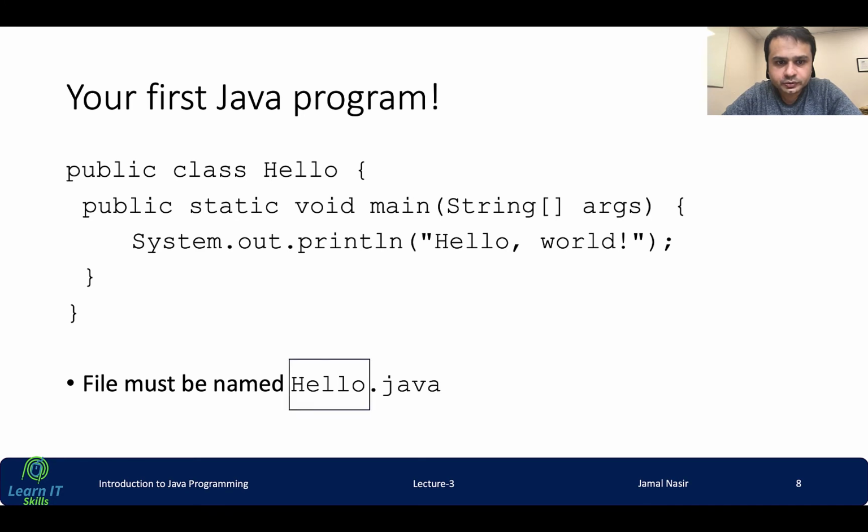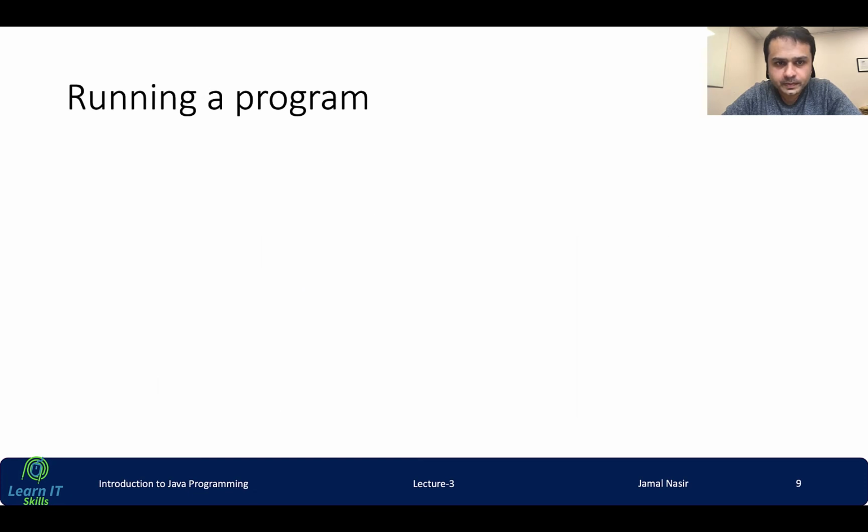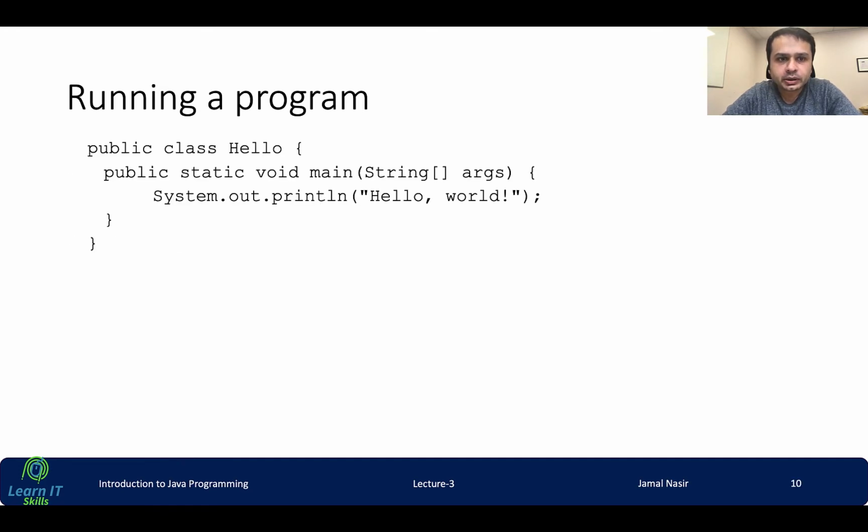The file name should be the same as this capital H Hello, and it matches with class Hello. Running a program, obviously we have to write it, compile it, and execute it. This is called source code.